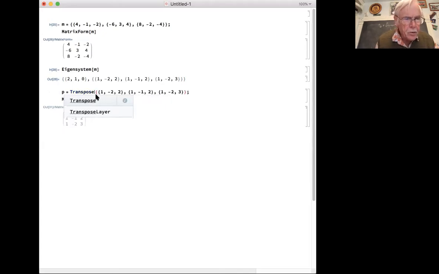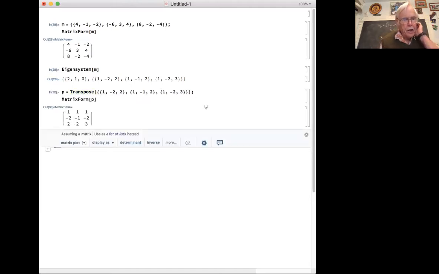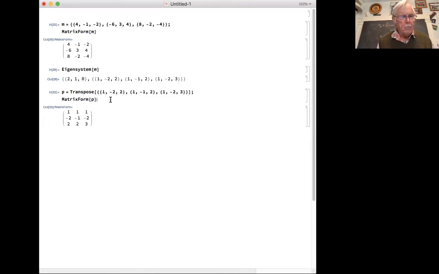Let's hope I spelled transpose right. Okay, 1, minus 2, 2; 1, minus 1, 2; 1, minus 2, 3. This is what we want. This is the change of basis matrix. And now we can go ahead and find P inverse. I'm going to just call it P1.